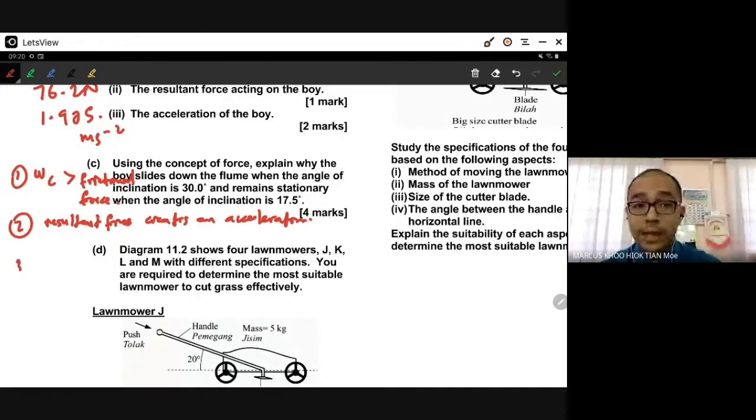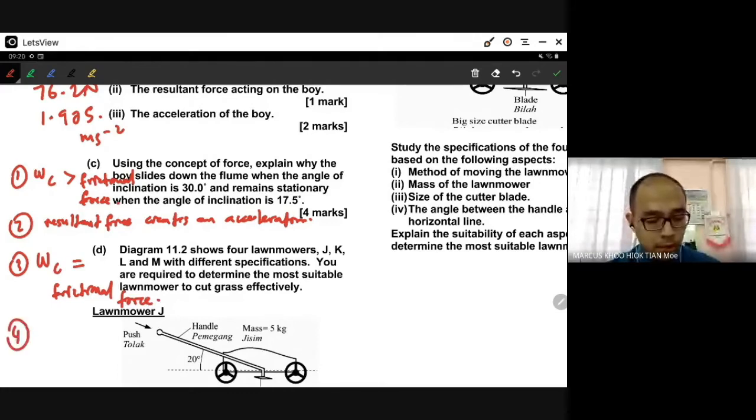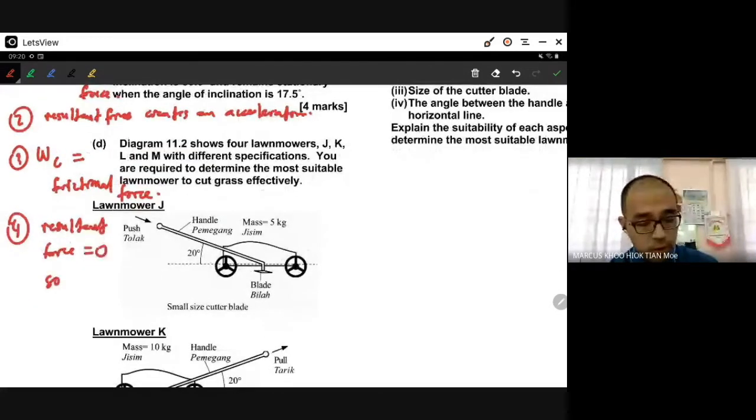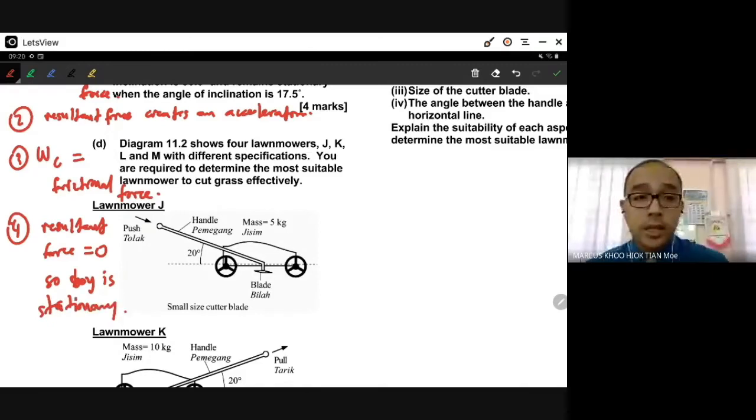Okay, then the third point is, at the other angle, WC is equal to the frictional force. And then fourthly, the resultant force equals 0. So the boy is stationary. Okay, the resultant force is 0, so the boy will be stationary.